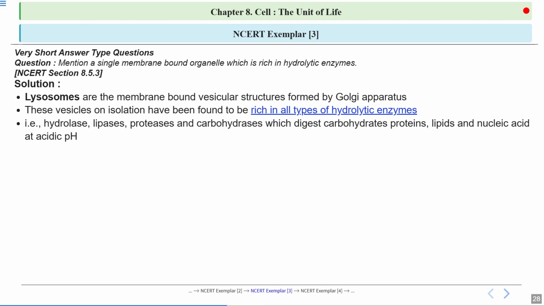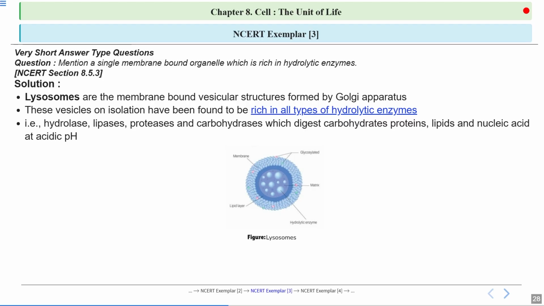Okay, what all enzymes are present? Hydrolases, lipases, proteases, carbohydrases, which digest carbohydrates, proteins, lipids and nucleic acids as well at acidic pH. Here you can see this image showing you lysosomes.